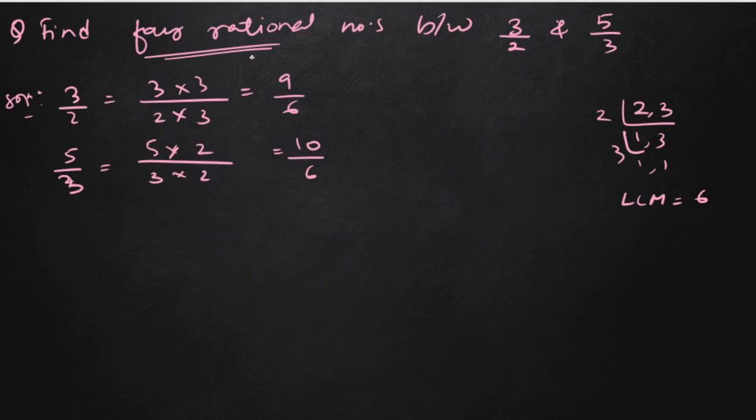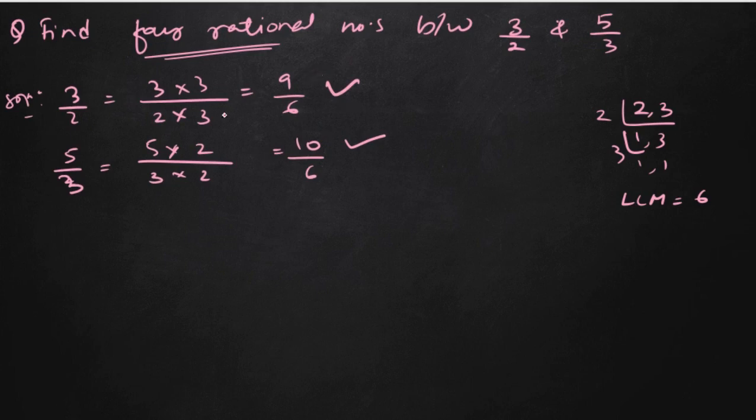So we need to find 4 rational numbers. If it is 4 rational numbers, then after making the denominator the same, you have to multiply the numerator and denominator with one greater number. First you have to make the denominator the same, and after that, as it is written to find 4 rational numbers, we will multiply the numerator and denominator of this equivalent fraction with 5.